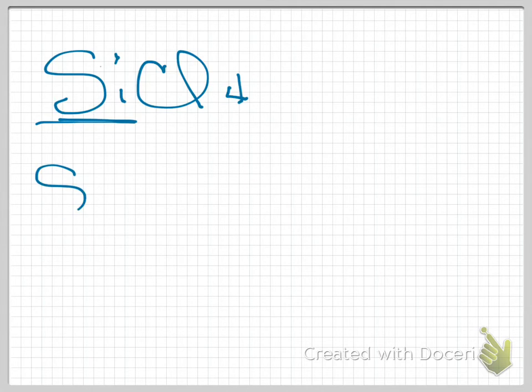So this just becomes silicon. Notice I do not change the name at all of the first element, silicon. And then how do I write 4? Well, the prefix for 4 is tetra. So I would write tetra, and then chlorine becomes chloride.